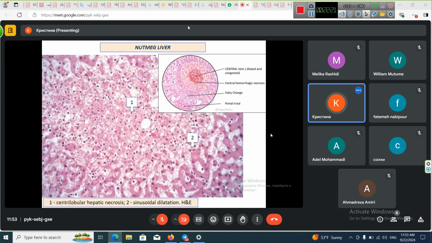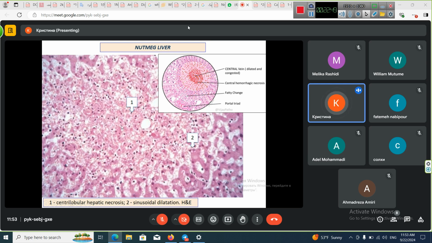Another picture showing nutmeg liver. Here, number 1 shows centrilobular hepatic necrosis. This area, central hemorrhagic necrosis, shows dying cells. Here you see normal hepatocytes. They have pink cytoplasm and nuclei very well seen.